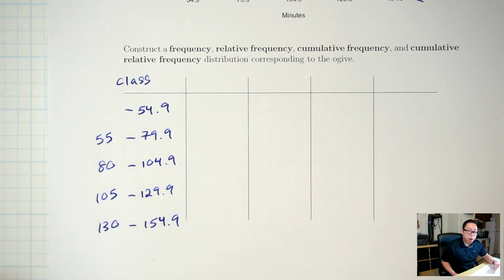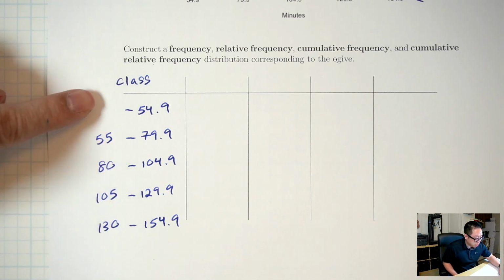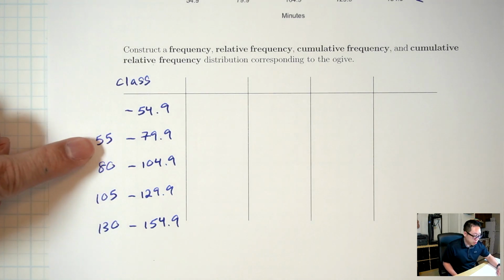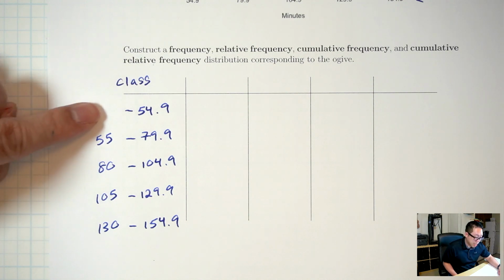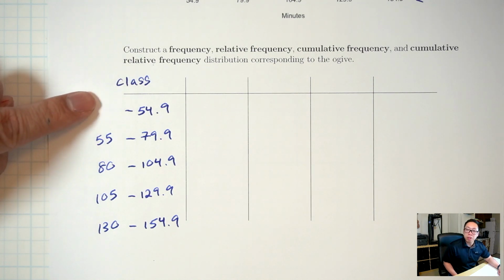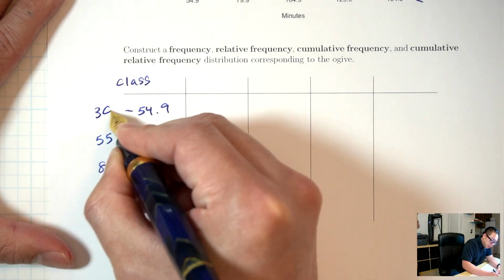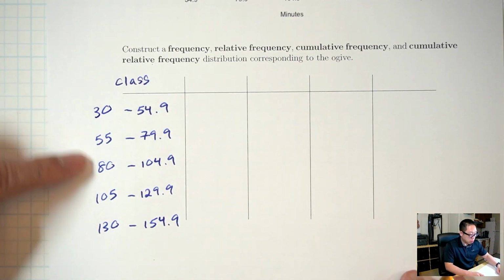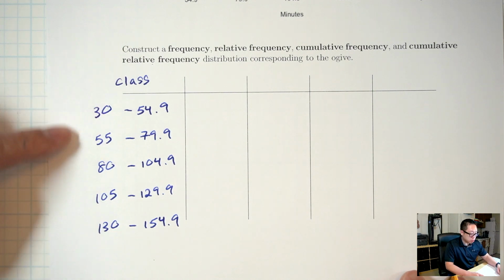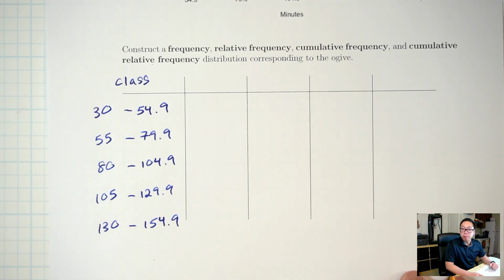So your lowers are all going up by 25. That's the class width. So to find this last one, just go backwards. 55, go down by 25. And what is that? So 55 minus 25 is 30. Okay, and that makes all of the lowers go up by the same amount.